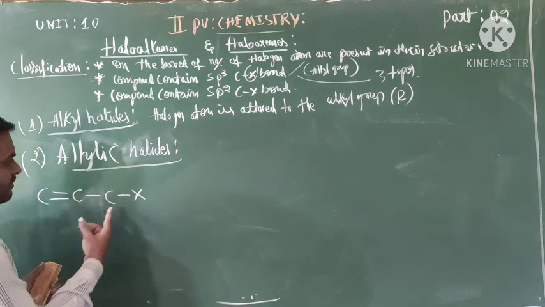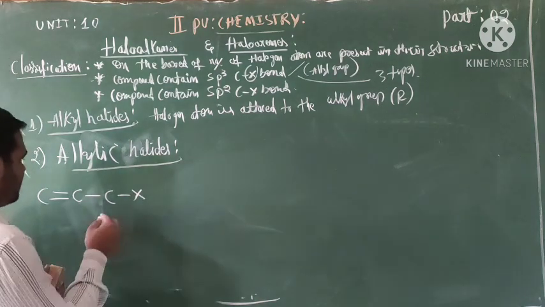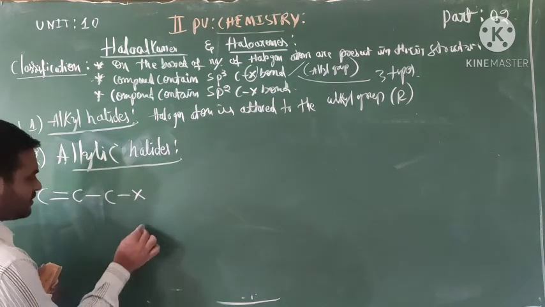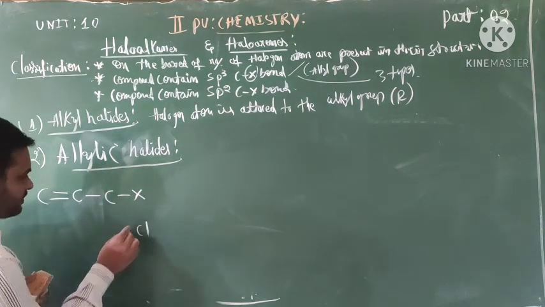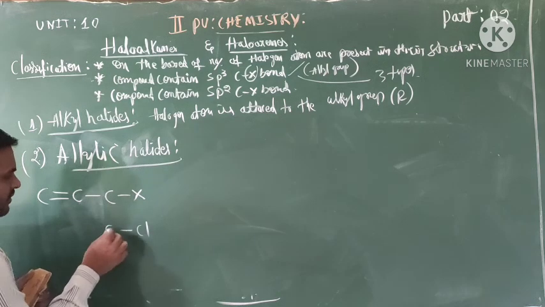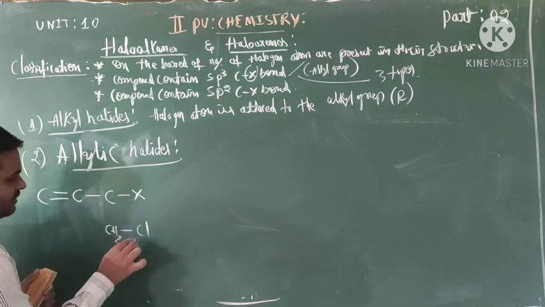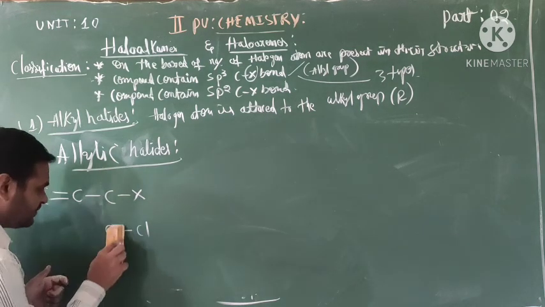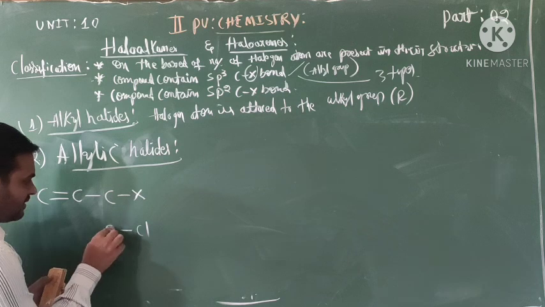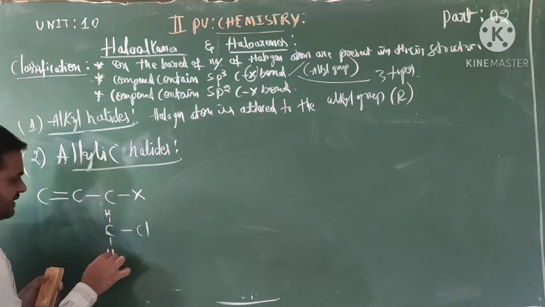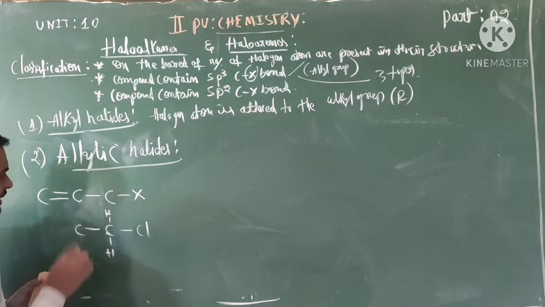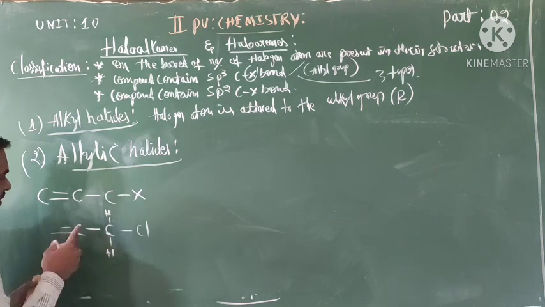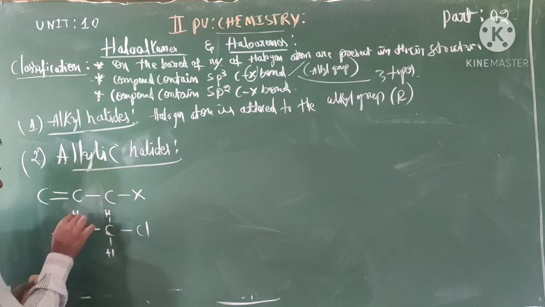Let me take one example to understand this. This is Cl, chlorine. This is 1, 2, CH2. They can write CH2 like this: H, H, and C, this is a double bond. 1, 2, 3, 4. Only H is present.